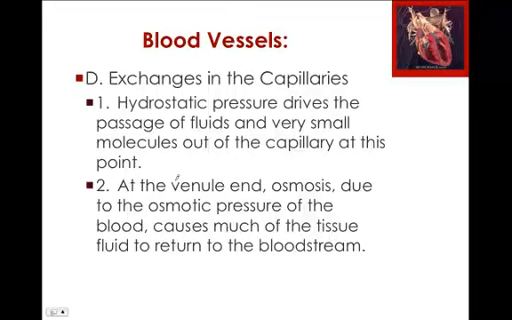Now, when we talk about these blood vessels, we can talk a little bit about how we exchange fluid, and with that nutrients, through the capillaries. So hydrostatic pressure is literally the pressure of that fluid.